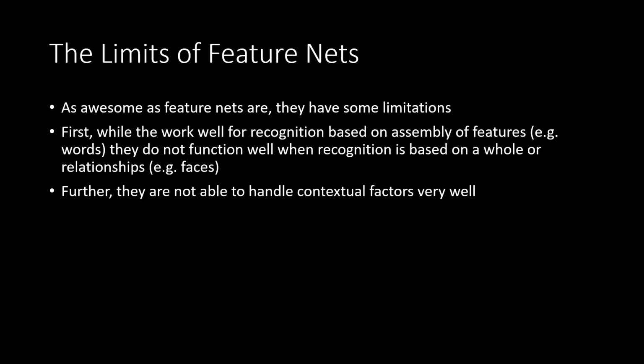For example, all of the words that we talked about, you could still recognize those words even if they were printed on a piece of paper that had zebras and elephants as a background, which would trip up the feature net because there would be all types of new features that it's constantly recognizing that have nothing to do with letters, and they would contaminate what words this feature net thought was presented, and so on and so forth. Right? It is not able to detect the difference between foreground and background in that example.